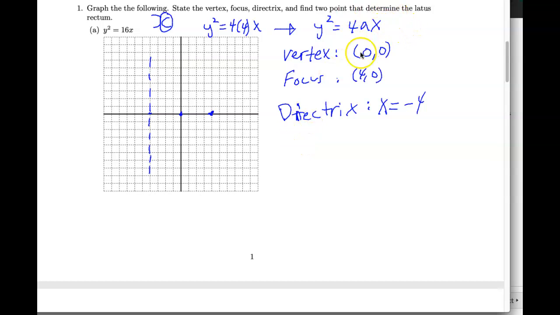And to determine the latus rectum points, we need to know those y values for when x is 4. So what you want to do is, we have our equation y squared equals 16x, and you want to plug in 4 for x.